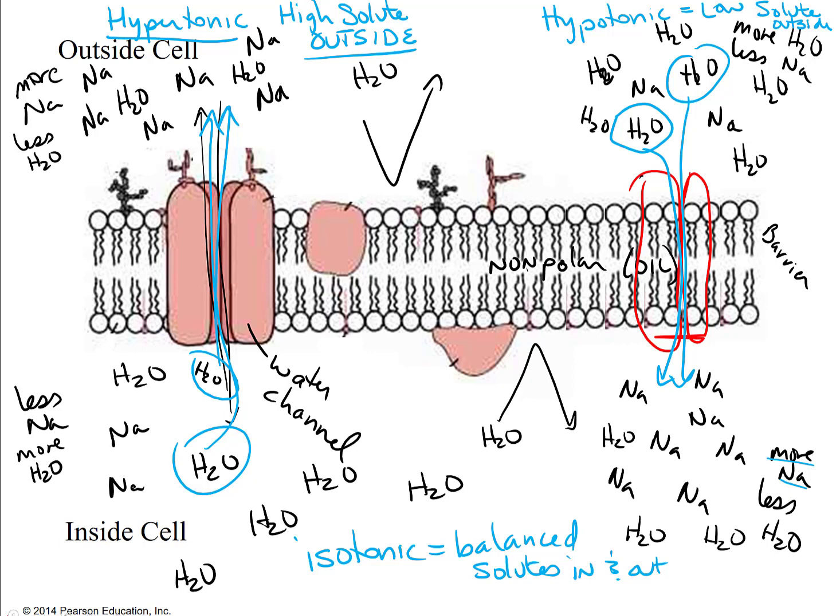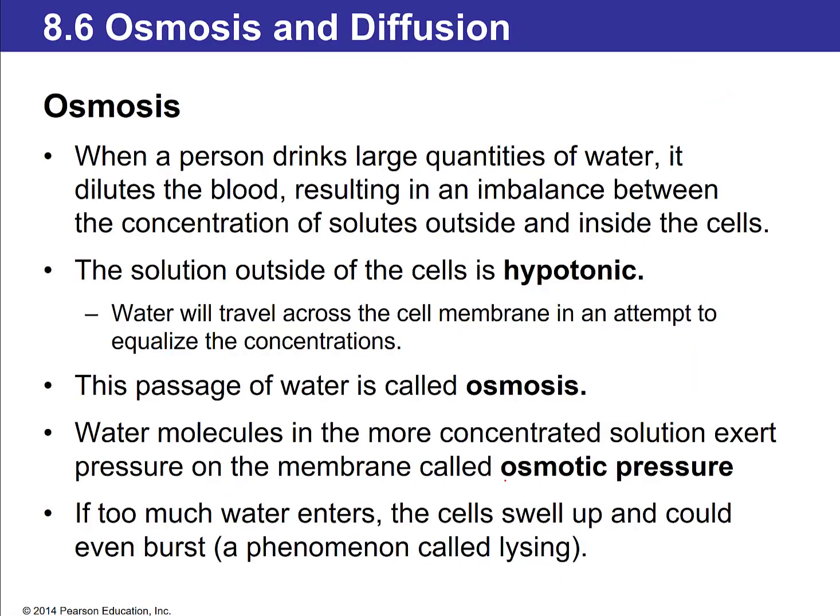So water moves because of this barrier. Water can move because there's a channel. Water has its own channel, and there is nothing prohibiting water from being able to pass using that channel. It can't pass straight through, but it can by osmosis. The pressure exerted when you have high concentration to low concentration, that is osmotic pressure.